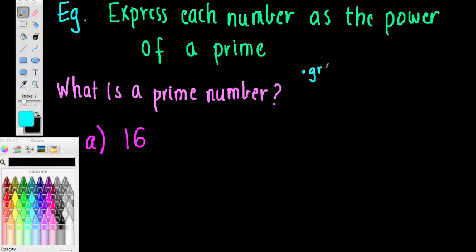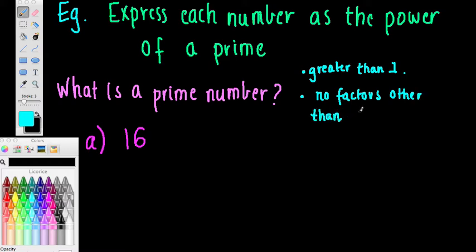First of all, a prime number is greater than 1. It's a good first step. Secondly, hopefully you remember this, it has no factors other than one and itself.